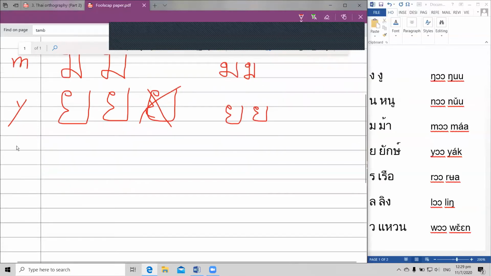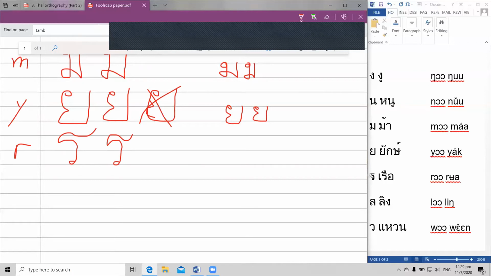Next we have Ro Rua. Start from the circle again. Go up and then like that. Again, start from the circle at the bottom, go up and like that. This looks like wavy hair, right?